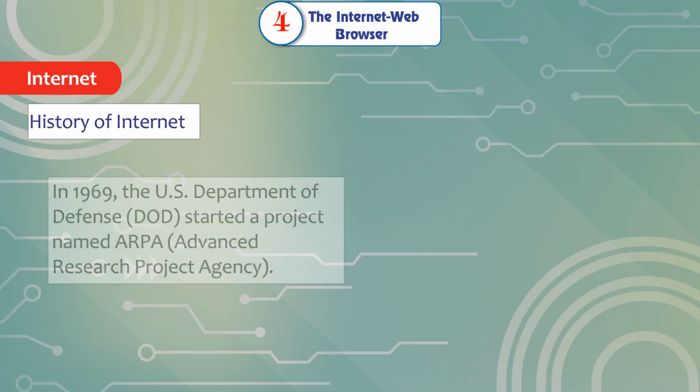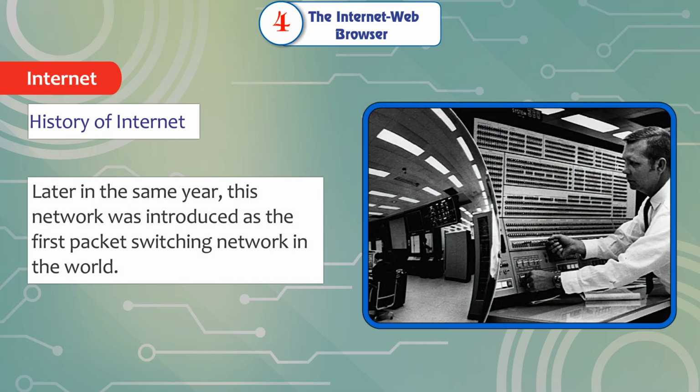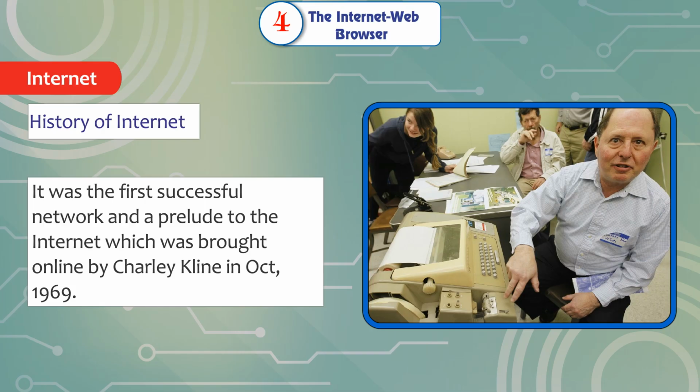History of Internet. In 1969, the U.S. Department of Defense (DoD) started a project named ARPA, Advanced Research Project Agency. Later in the same year, this network was introduced as the first packet switching network in the world. It was the first successful network and a prelude to the Internet, which was brought online by Charley Kline in October 1969.